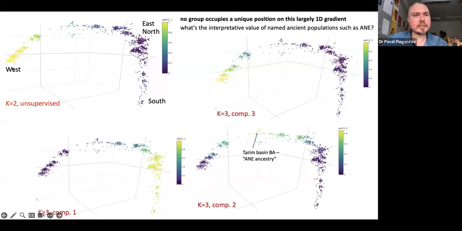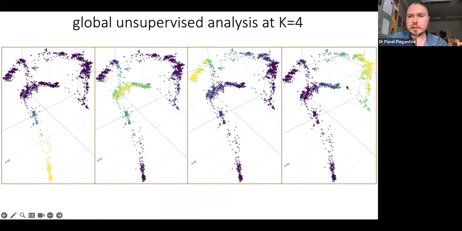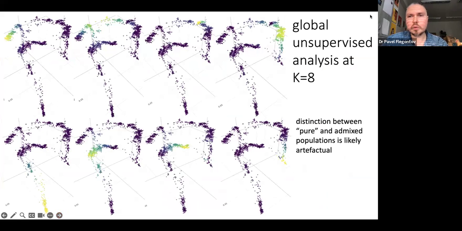Let's say we take the certain gradient we see in Eurasia and analyze it at k equals 2 or k equals 3, or we look at all of the world at k equals 4, or at k equals 8, and we just see that if we interpret this as a landscape, then admixture just cuts this landscape into approximately equal sections.